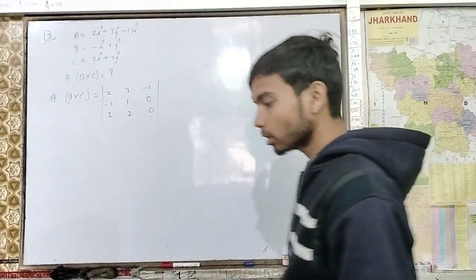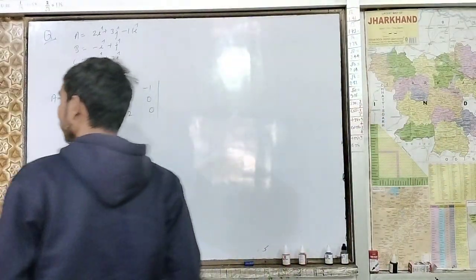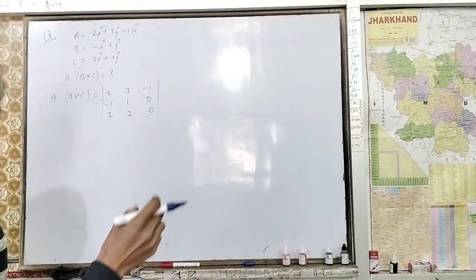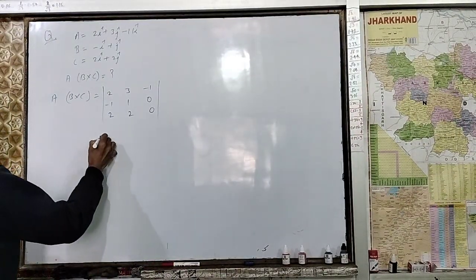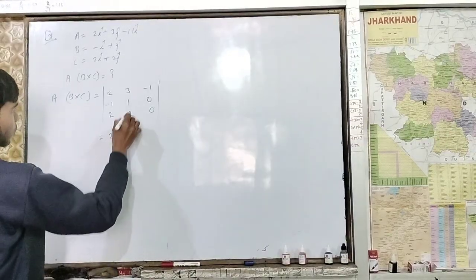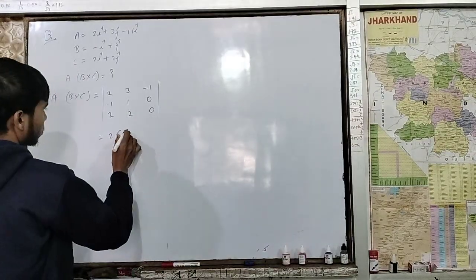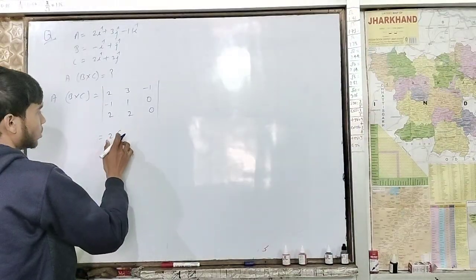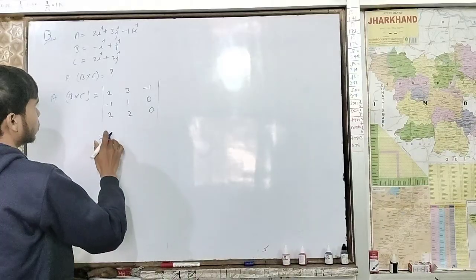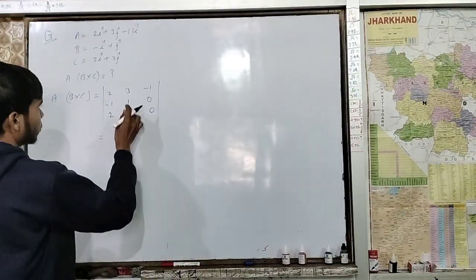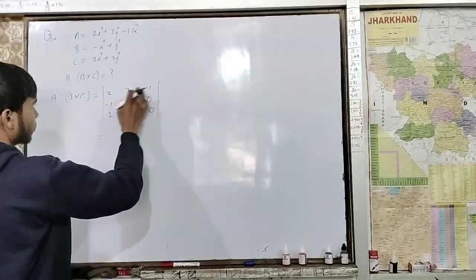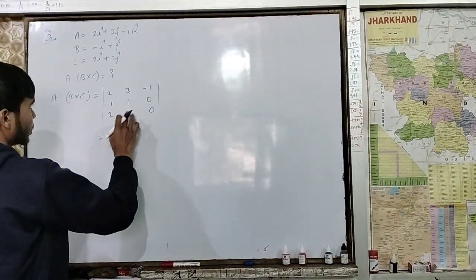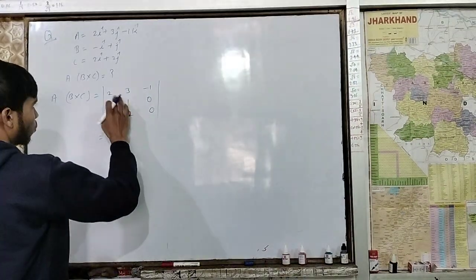We just used the determinant. Now our work is to simplify this further. So this will be 1 into 0, this will become 0, 0, 3, again 0, 1.